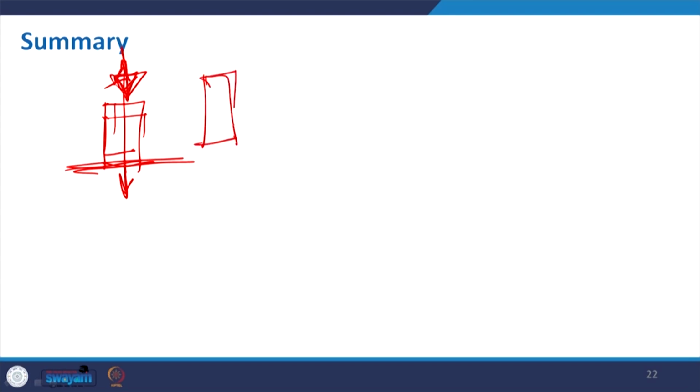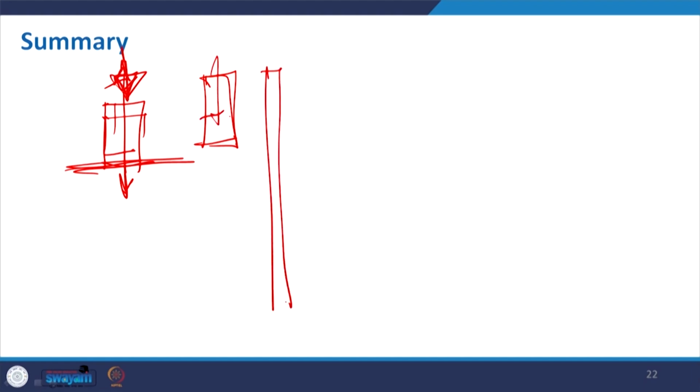Now, a quick recap. What we have learned is that compression acts along the main or major axis where the load is applied. The load applied to the base tries to compress it, to crush it. Whenever you have a short column, where the length of the column is not much bigger than the cross section, crushing will take place.